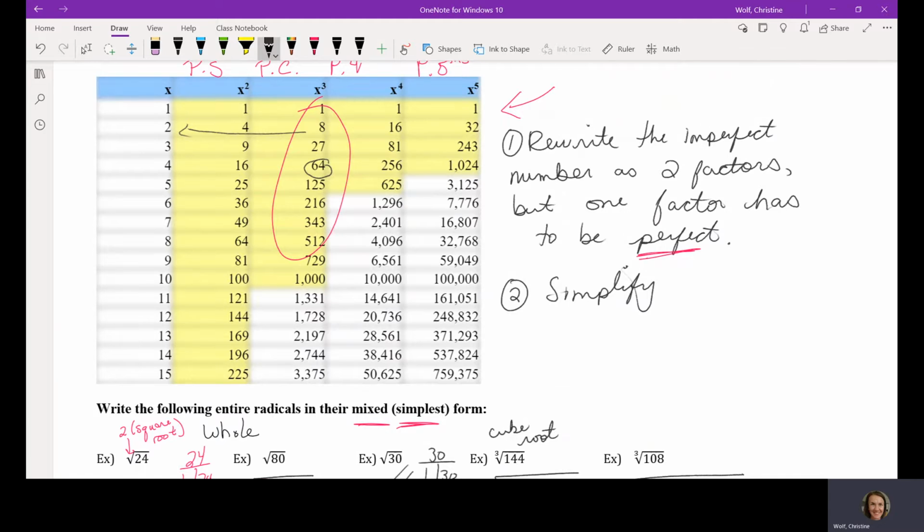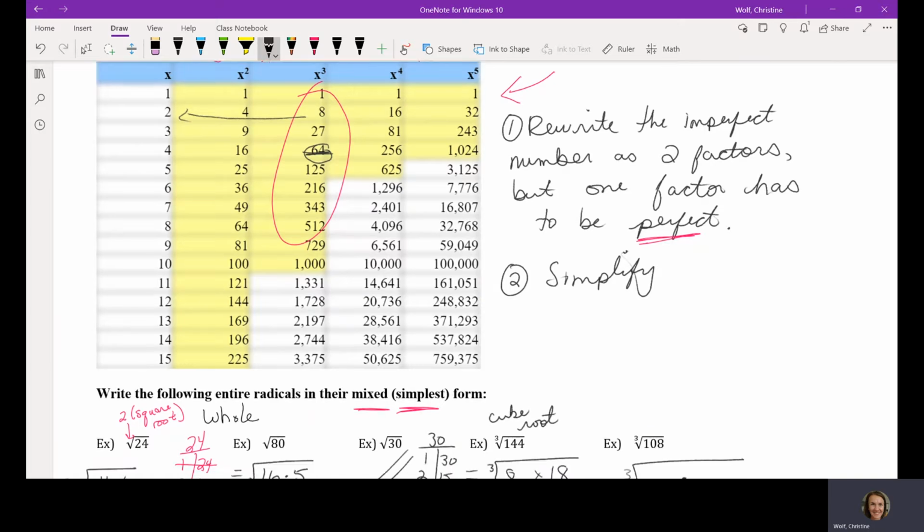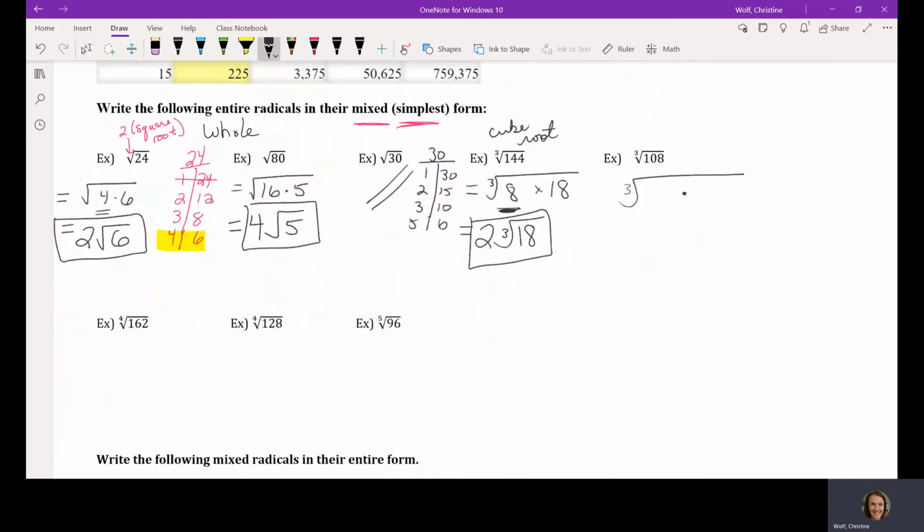Can we go 108 divided by 27? Try that on your calculator and you find out it works perfectly. You get 4. Because you get a nice whole number, no decimal, you know that 27 times 4 is your option. Those two numbers equal 108, and 27 is a perfect cube.